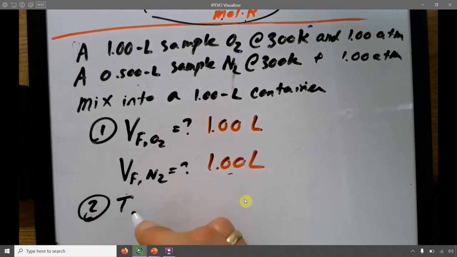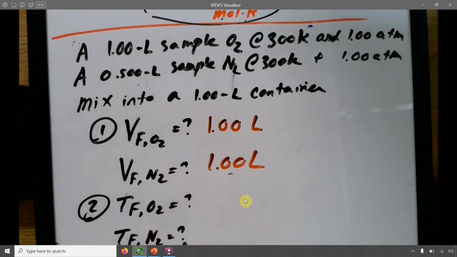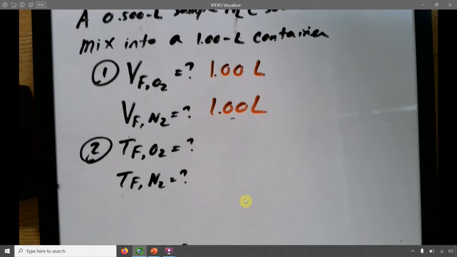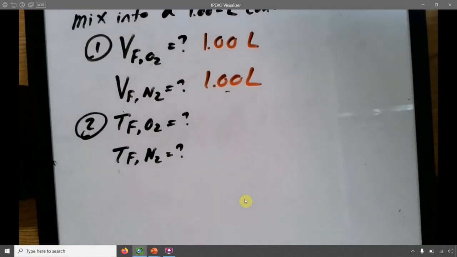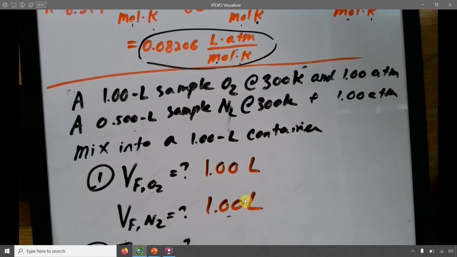Now I want to know the final temperature of oxygen and the final temperature of nitrogen. I also mentioned that when you're mixing two gases, they will both have the same temperature at the end. Well, they both started at 300 K. They didn't get heated or cooled down.